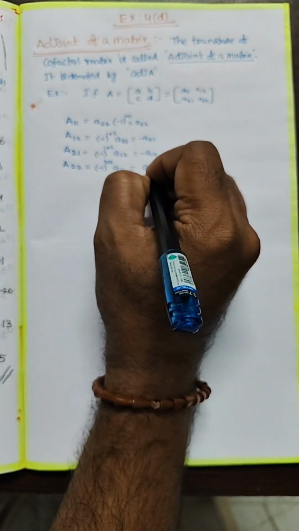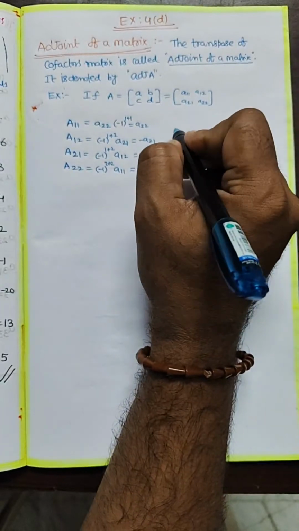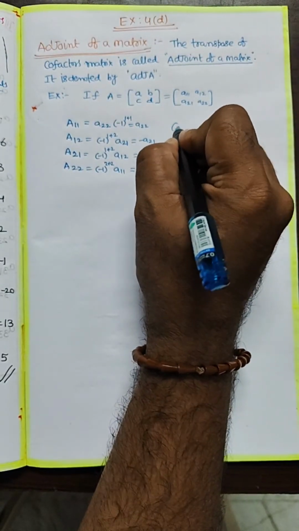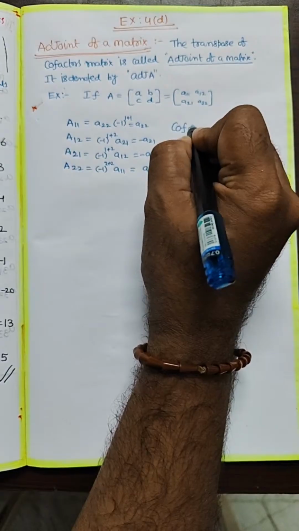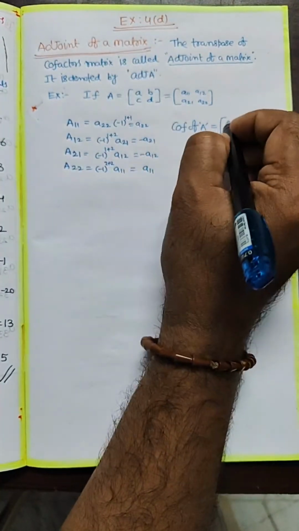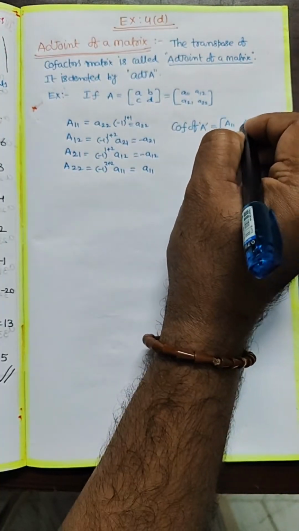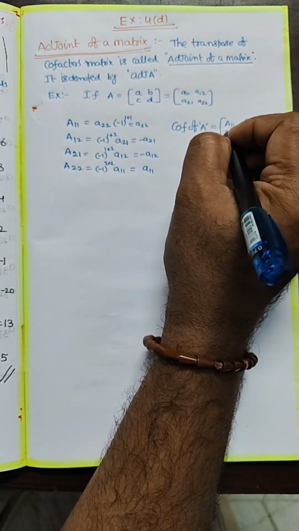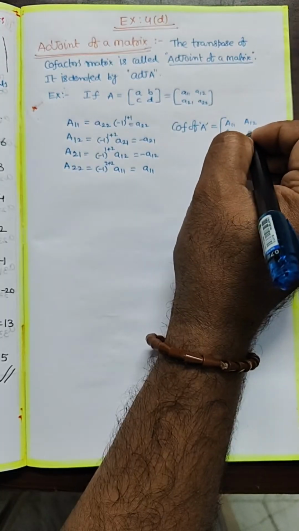Therefore, a11. So the cofactor matrix, cofactor of capital A, equals A11, A12, A21, A22.